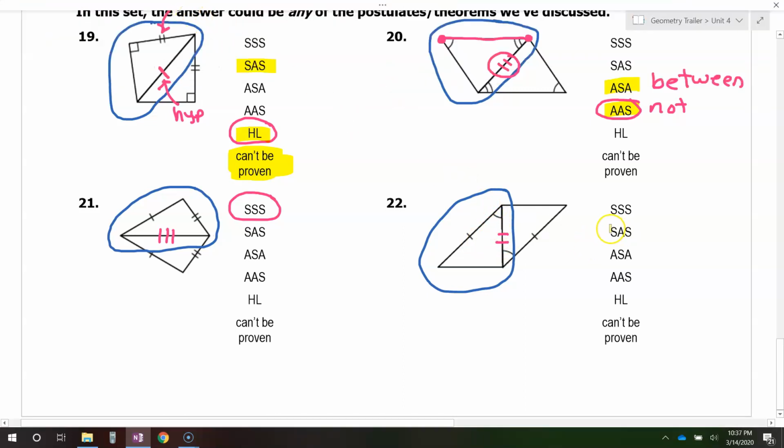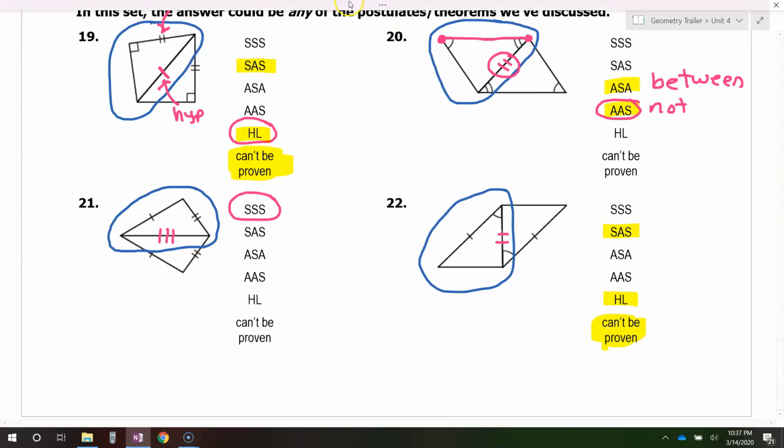Two sides and an angle. Okay? Now, this is the tricky one, guys. So, two sides and an angle. It could be side-angle-side, or it could be hypotenuse-leg, or it might be can't be proven. All right, all three of these involve two sides and an angle.